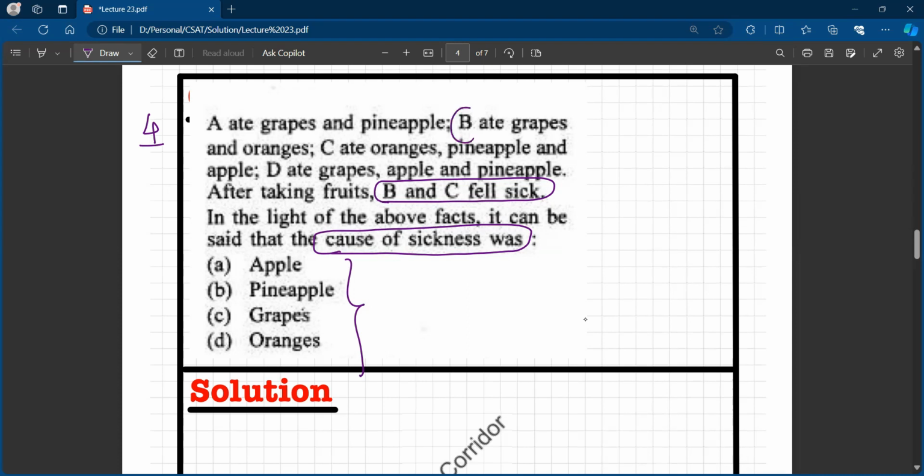Let us go to B. B ate grapes, oranges. So either grapes or orange can be the answer. Pineapple and apple are eliminated. Now C ate oranges, so oranges can be the answer. Pineapple will not be, apple will also not be. Oranges is common to both, so oranges will be the answer. Got it? Easy.